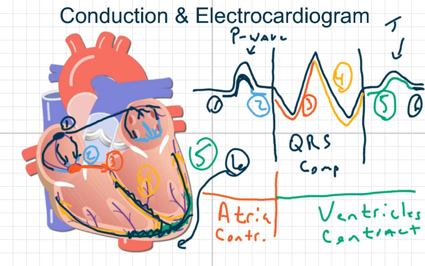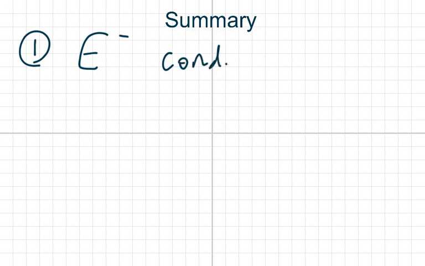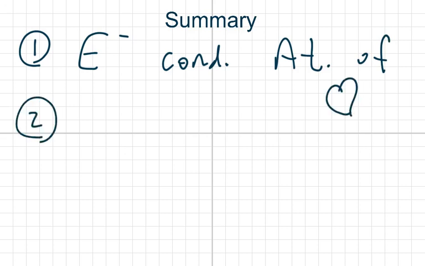I know this video went a little bit longer than planned, but hopefully this lays out exactly the conduction of the heart and how we measure it. To recap briefly, we covered 3 main areas. The first was the electrical conductivity anatomy of the heart. 2, we covered the electrical conductivity pathway of the heart.